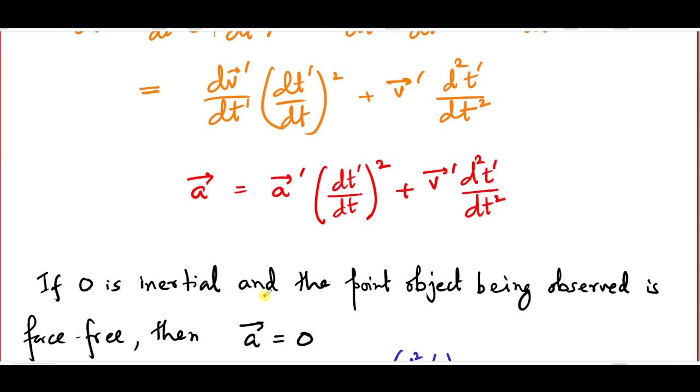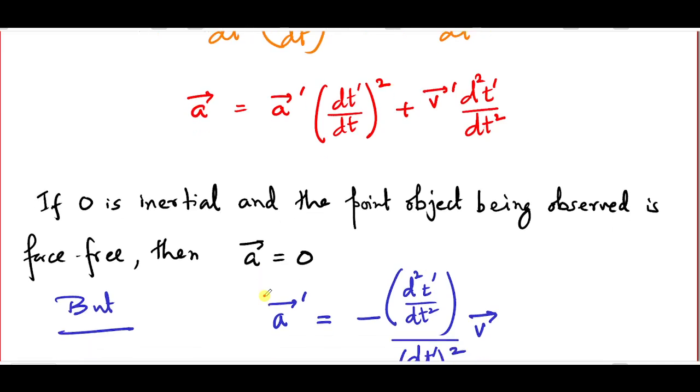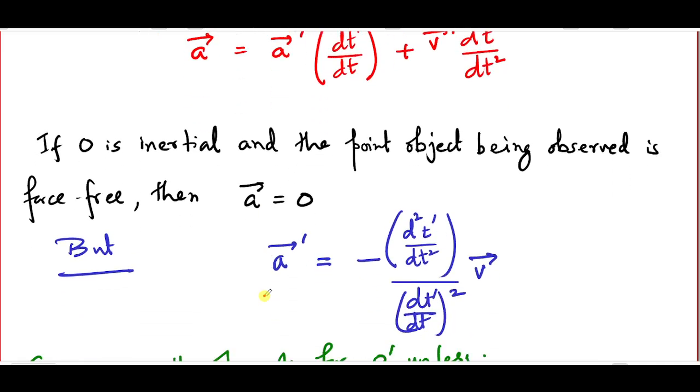However, in this case A prime, the acceleration as measured by O prime will turn out not to be zero, but to be given by this rather complicated looking expression. It's going to be negative of d2t prime/dt2 over (dt prime/dt) whole square times the velocity as measured by O prime.